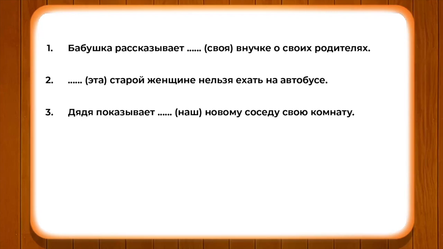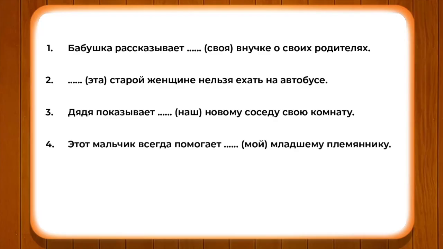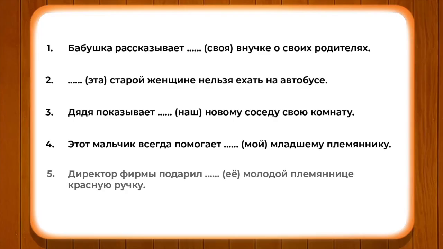Now let's go ahead and pay attention to a few more sentences. The fourth one is Этот мальчик всегда помогает кому? Мой changes into моему младшему племяннику. So племянник means relative. Director film. Director.